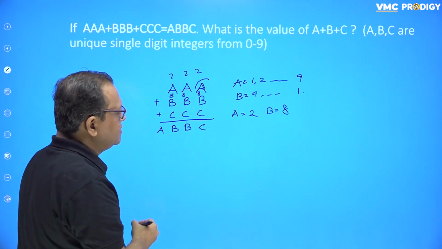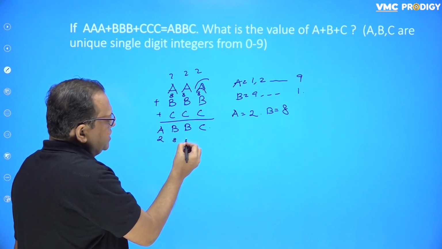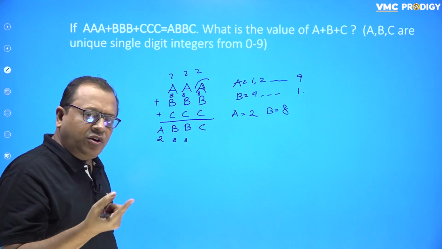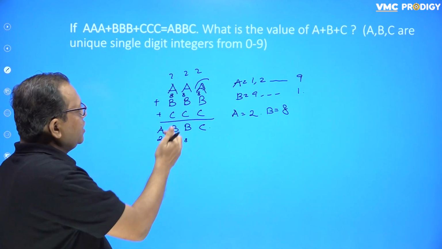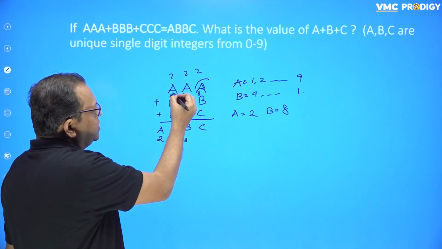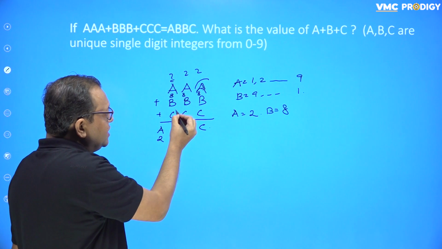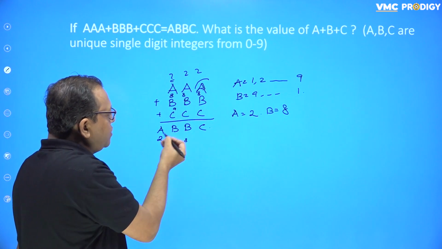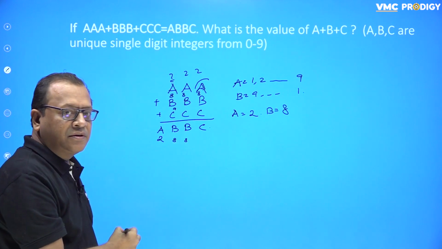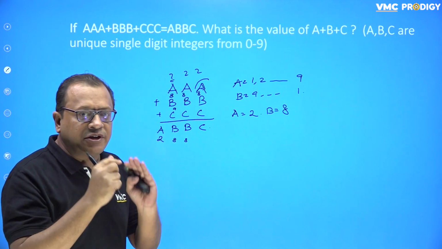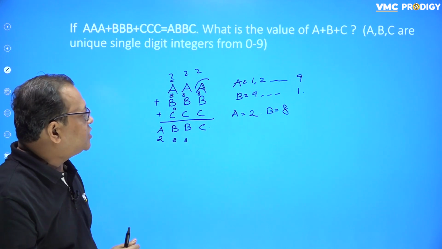Now you think, whatever you want to do, the sum of 3-digit integers whose first number is 222 and second number is 888, even if you make it 999, then also 2 will not come. Or if 2 does come, B will not be 8. Which means you have to lower your expectations. So I can say that A has to be 1 and consequently B has to be 9.